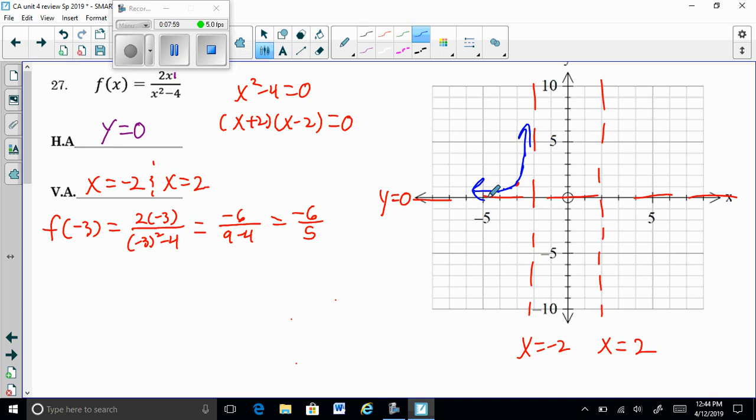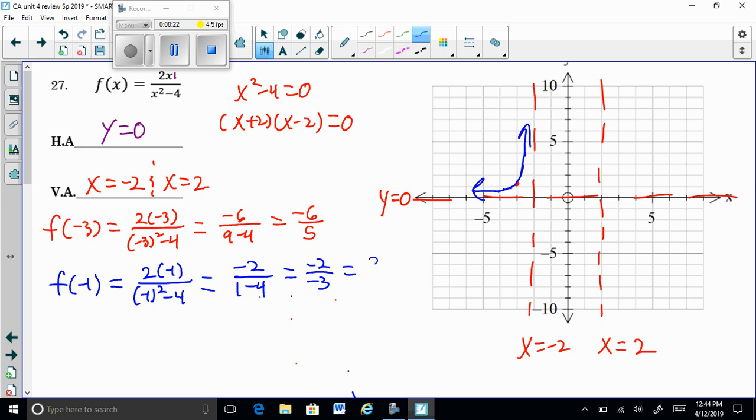Now in the middle, we need to find 3 points. We'll start with negative 1 and then count down to 0 and then positive 1. So f of negative 1: 2 times negative 1 over negative 1 squared minus 4. So we get negative 2 over 1 minus 4, so negative 2 over negative 3, which turns to positive 2/3.